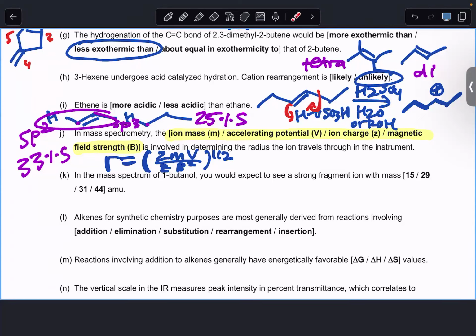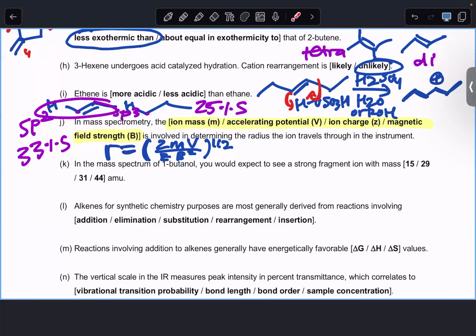The accelerating potential is the voltage or the energy of the mass spectrometry instrument, which differs from machine to machine. The ion charge is usually +1 because when it gets cut up into fragments, it usually gives a +1 charge. The magnetic field strength can be changed and altered by the scientists. They could increase or decrease the magnetic field strength in the instrument.